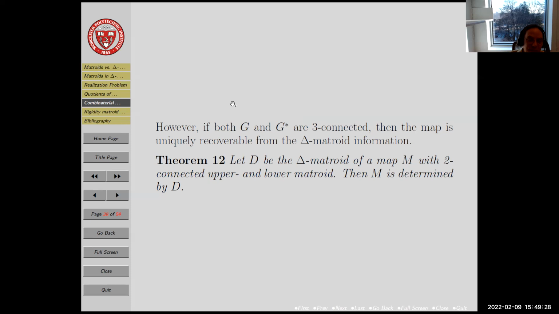And a 3-connected graph in general is characterized by the fact that the vertex co-cycles generate the co-cycle space. So if you put those two things together, if both G and G star are 3-connected, then the map is uniquely recoverable from the Delta-matroid information.